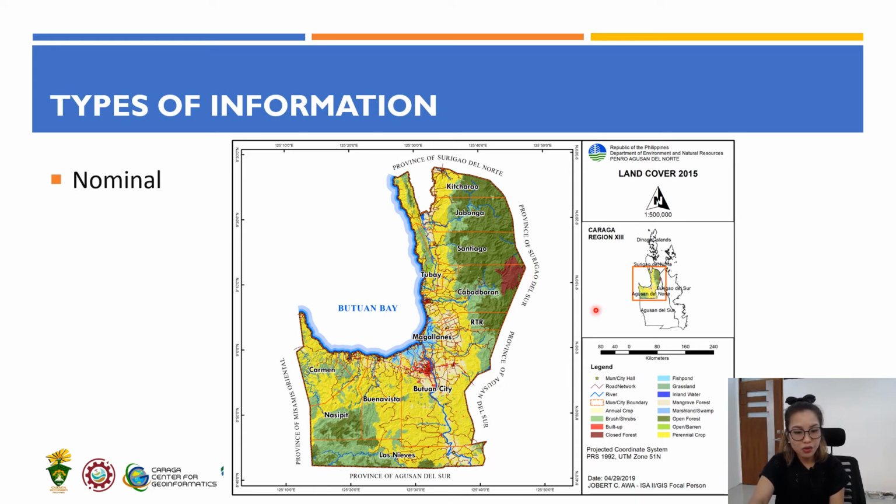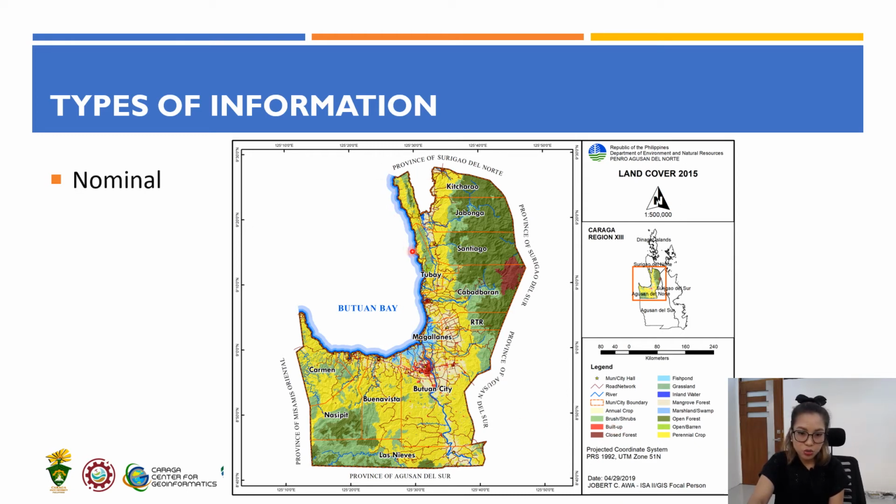What we are after, the title of the map, is the land cover. So we can see here that the yellow are the perennial crops, the green are the open forest. It actually makes sense. The red and this one, okay, the closed forest is up here and the built-ups are down here.